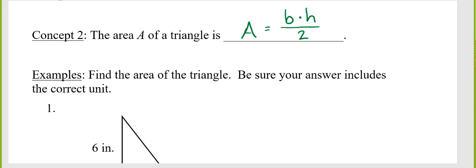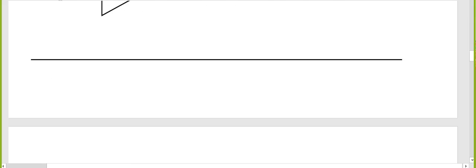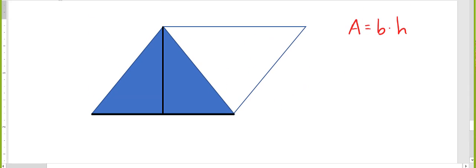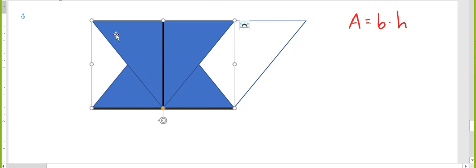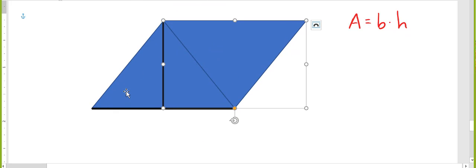Okay, it was asked, why do you have to divide by 2? Let's go back down to what I had here. I started out with a parallelogram, right? And the area of that blue parallelogram was just base times height. That was old stuff. We'd already learned that.